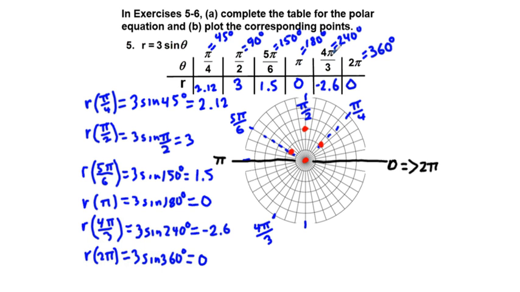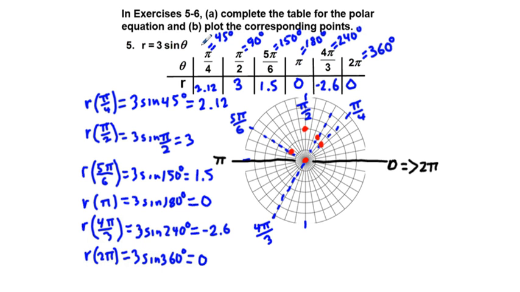The next one we have is 4 pi over 3. Well, we have a radius of negative 2.6. Well, to get to a negative radius, we have to go to the opposite side of the origin. So I'm coming over here and going. So 2.6 is going to be on the opposite side, right about here where I'm drawing that point. And the last one we have is at an angle of 2 pi, we have 0, so we come right back here again.